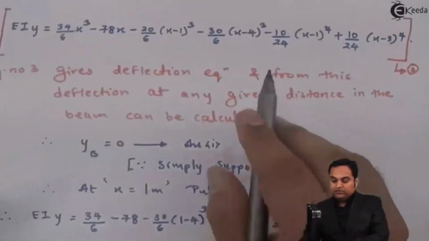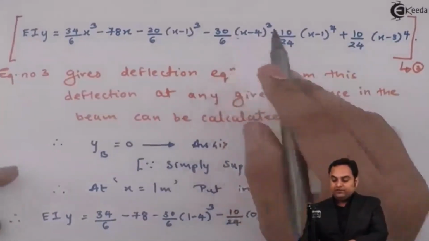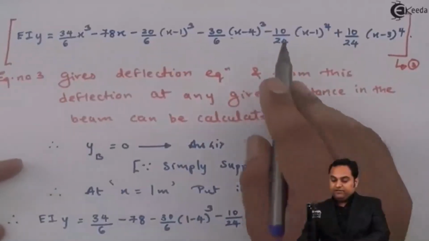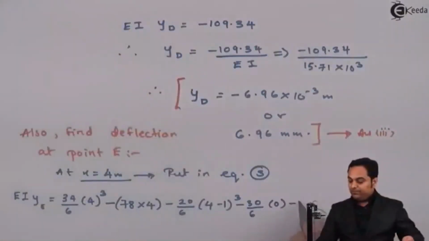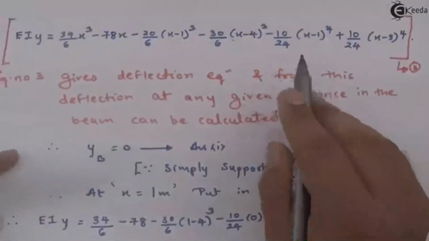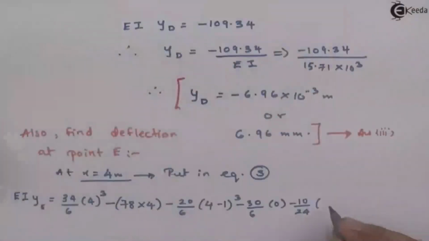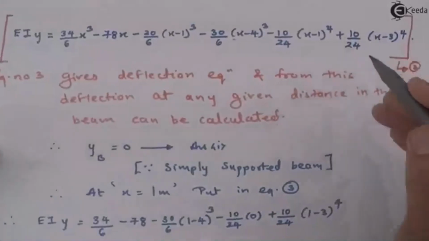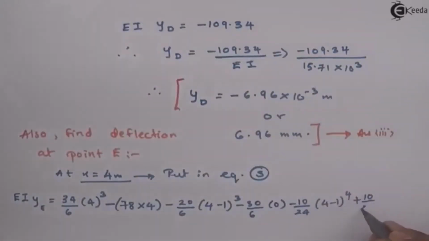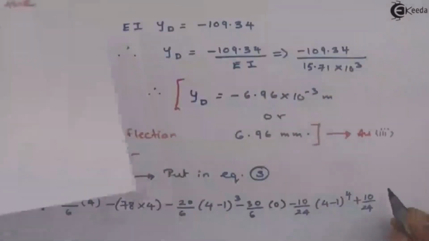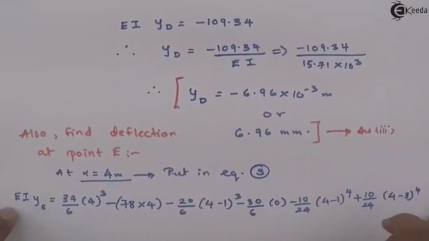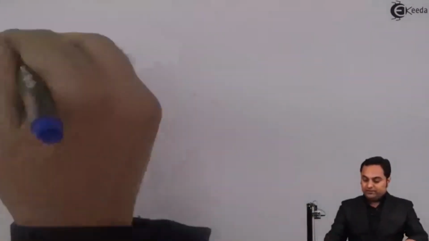Now here we have x minus 4, that is 4 minus 4, so it becomes 0, no need of this term. Then we have minus 10 by 24, x minus 1 raised to the power 4, so 4 minus 1 raised to the power 4, plus 10 by 24, 4 minus 3 raised to the power 4. So now I am going to write these terms in a more simplified manner.